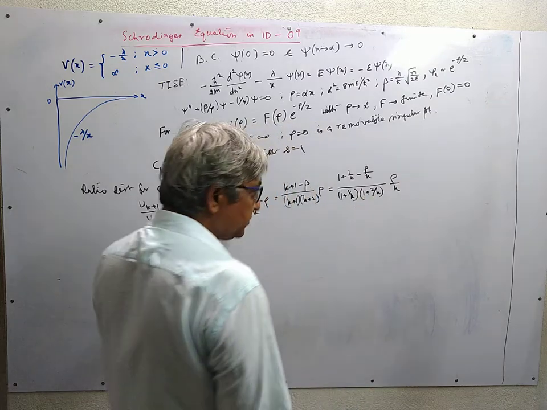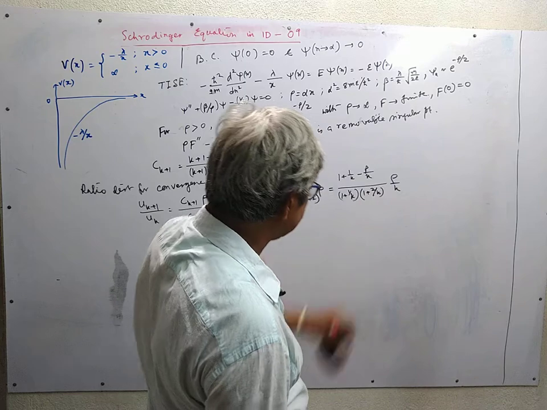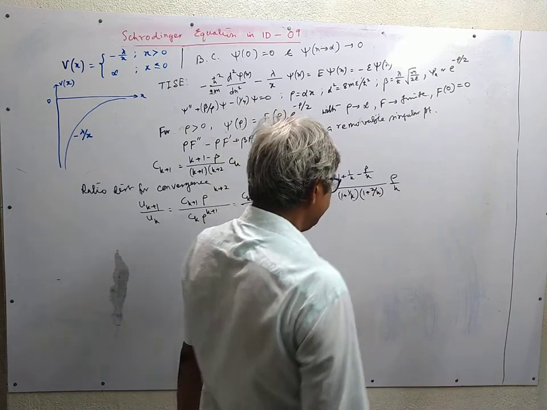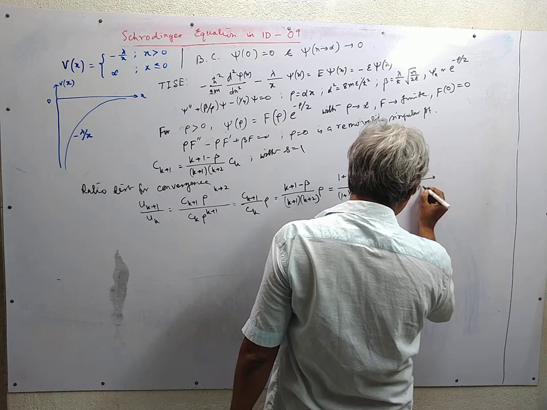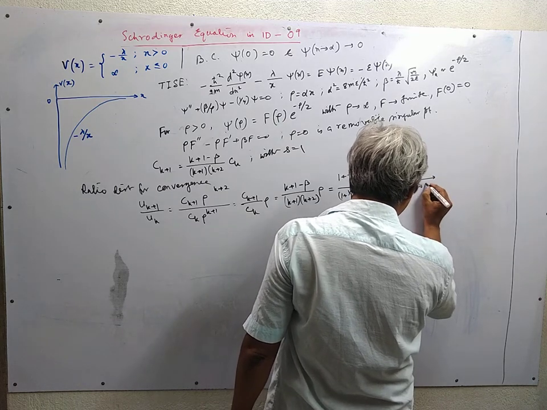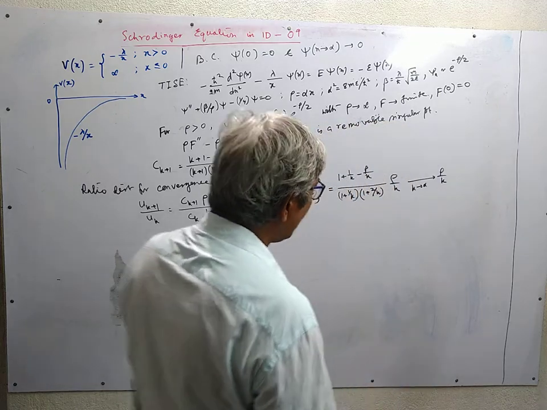We divided both numerator and denominator by k square. One k is here, another k is there, and obviously as k tends to infinity, for very high k, its behavior is rho by k.